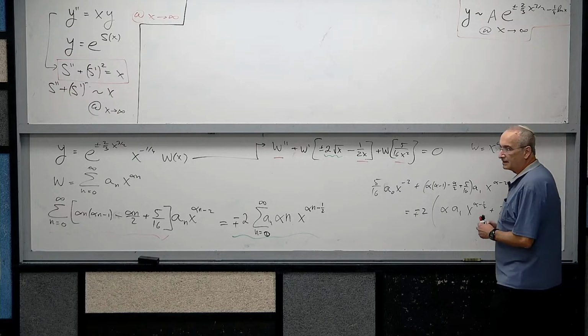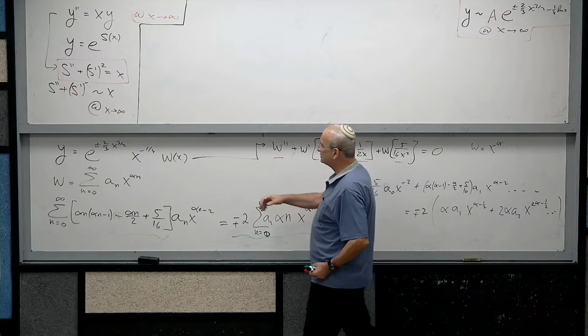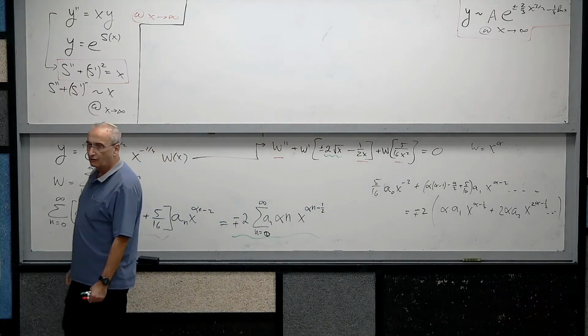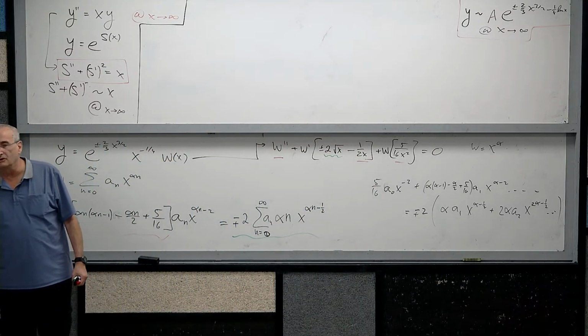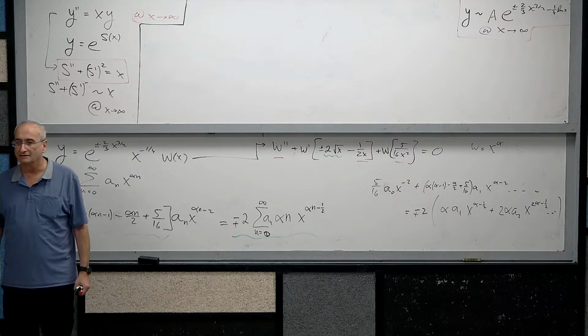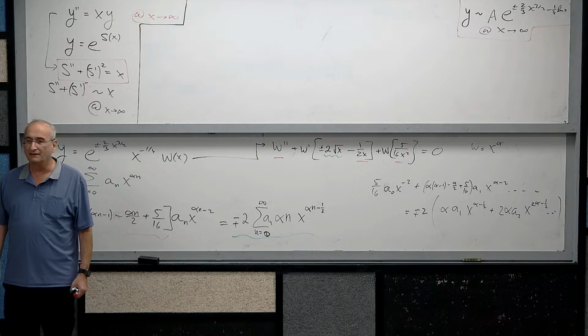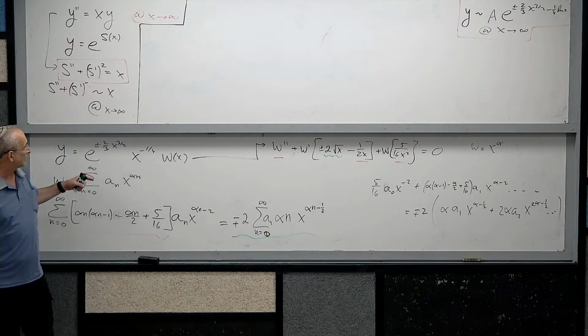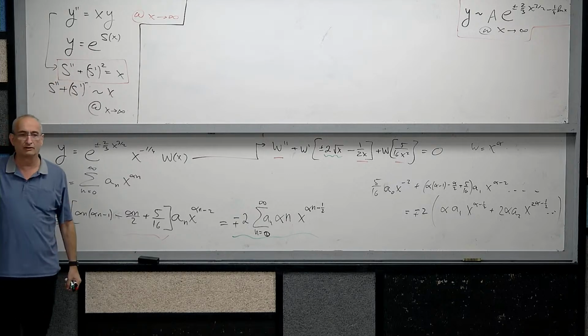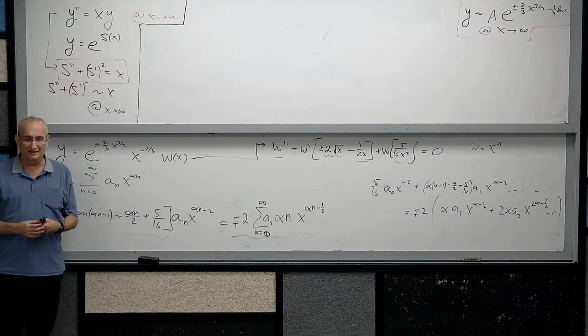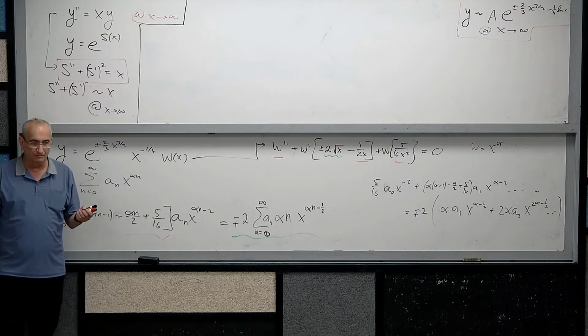Now, very important, in such series you can always choose a0 to be 1. Why? Because it's a homogeneous equation, you can always multiply the solution by a factor, so we can always normalize a0.